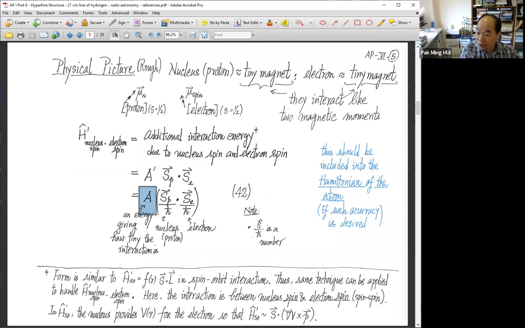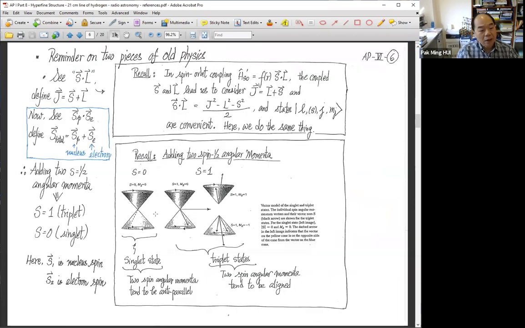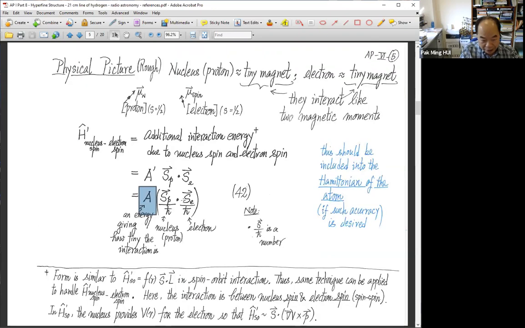We will not go into the details of what factors compose this factor A. I just give you a ballpark order of magnitude. So at this point, it will be useful to remind ourselves of two pieces of physics.